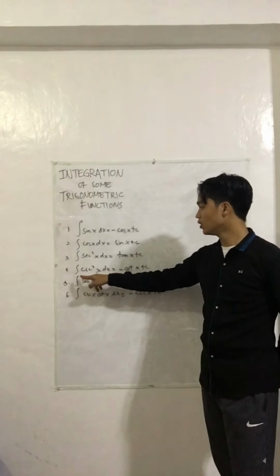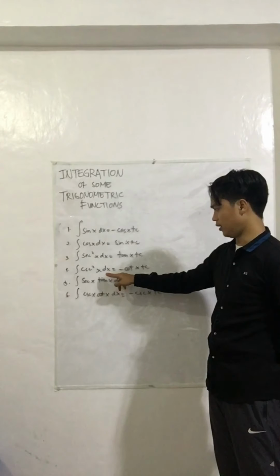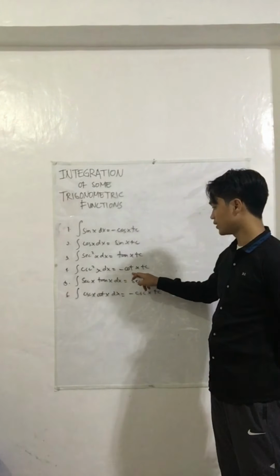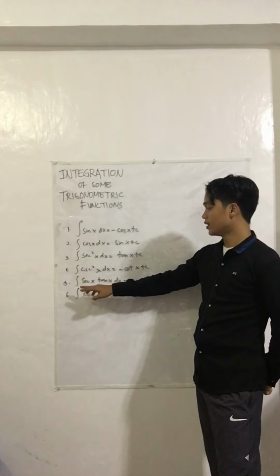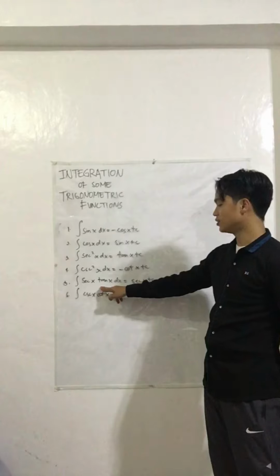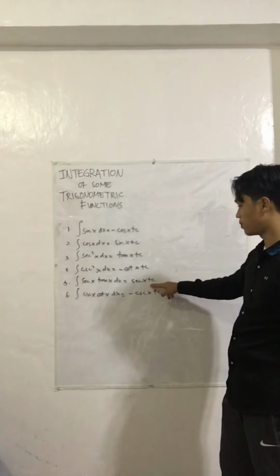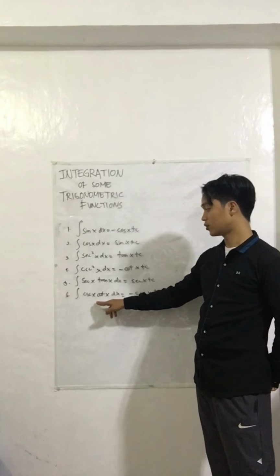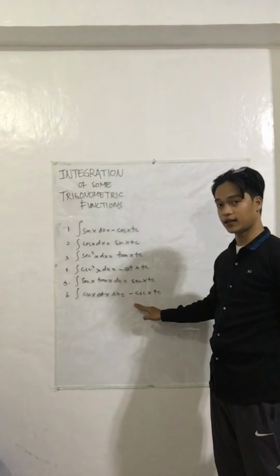And the fourth rule, cosecant squared x dx is equal to negative cotangent x plus c. And the fifth rule, secant x tangent x dx is equal to secant x plus c. And the last rule, cosecant x cotangent x dx is equal to negative cosecant x plus c.